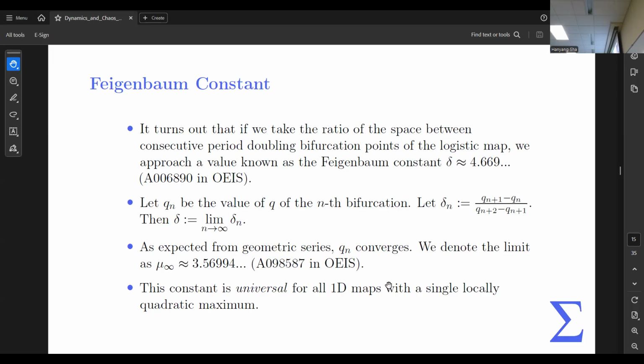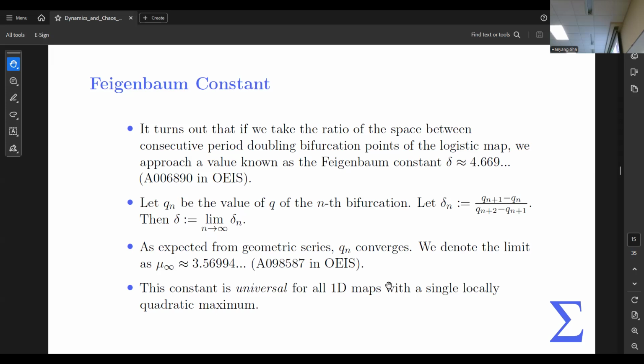This is experimentally seen to be about 4.669 something. And then as expected from a geometric series, Qn will converge. So Qn is the value of Q for the nth bifurcation, which is mu in our case, and we can denote the limit as Q infinity.